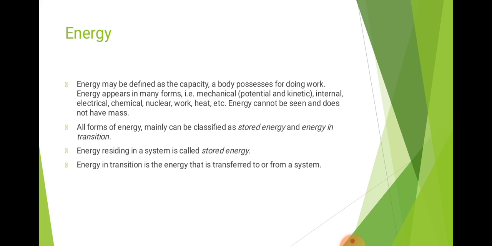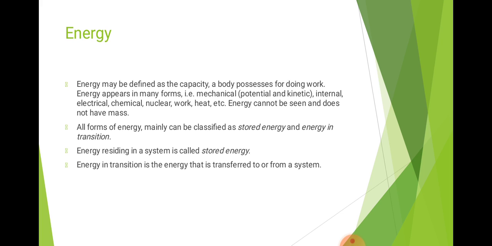Energy can neither be created nor destroyed. Now, energy in transition is the energy that is transferred to or from a system. The transient form of energy has significance only while energy is being transferred. Work and heat are forms of energy in transition which can only cross the boundaries of the system, as we saw in the previous lecture.